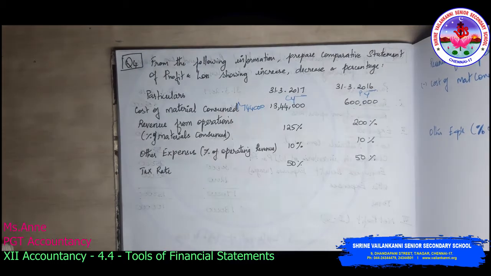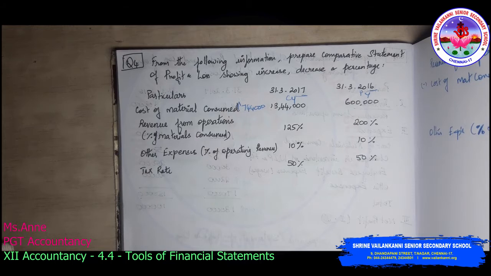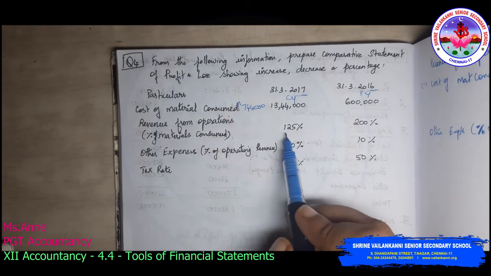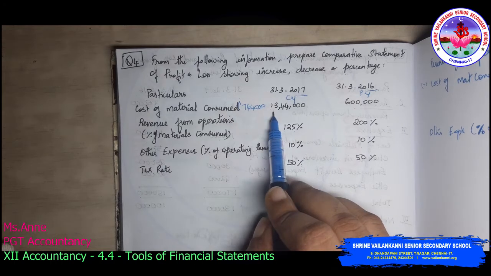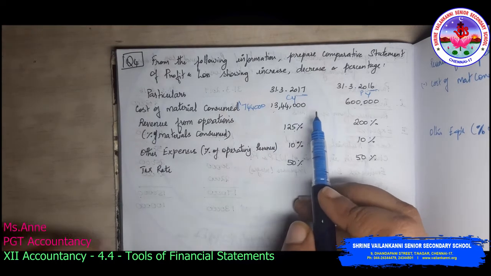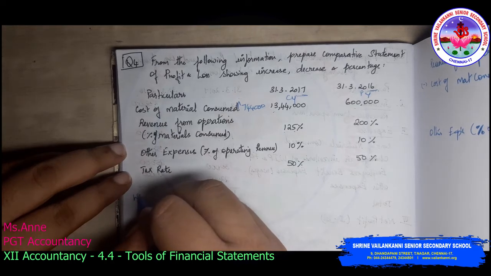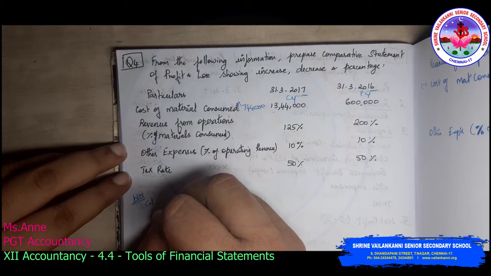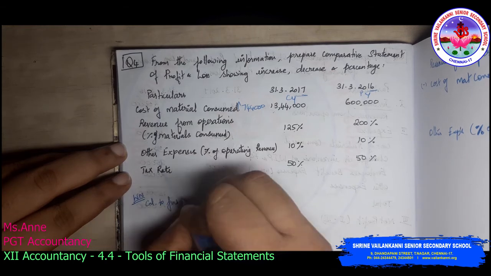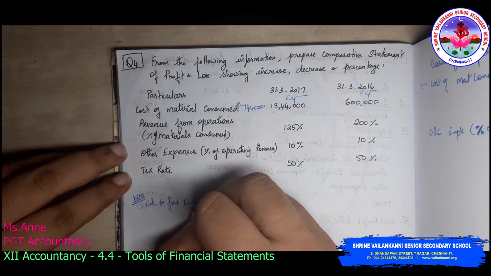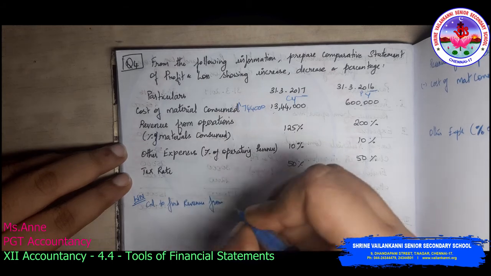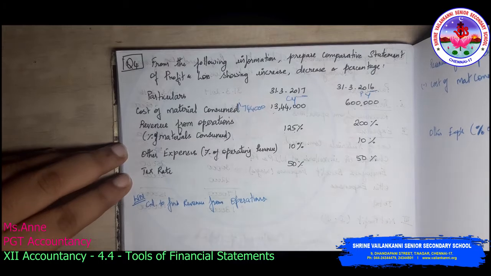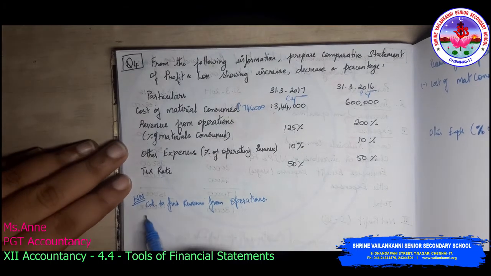There is an increase. Then you have revenue from operations, percentage of material consumed, which means 125% on 13,44,000. So we are going to prepare a small working note here to find the calculation to find revenue from operations.